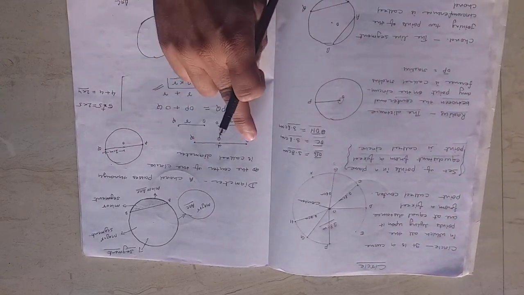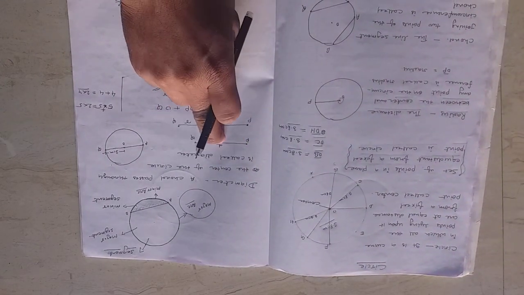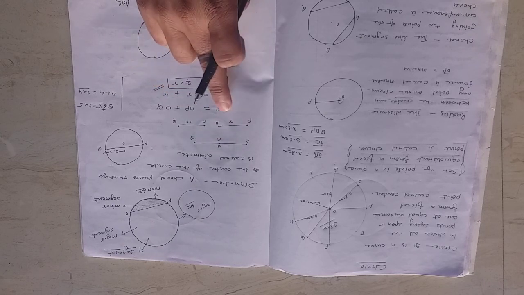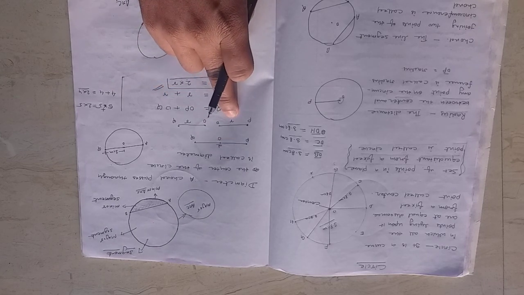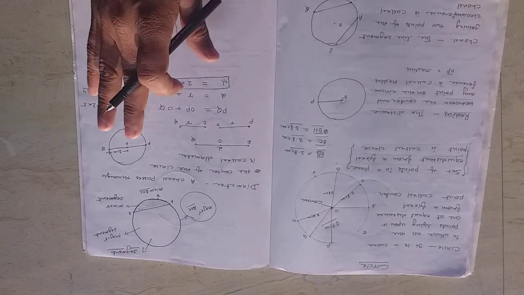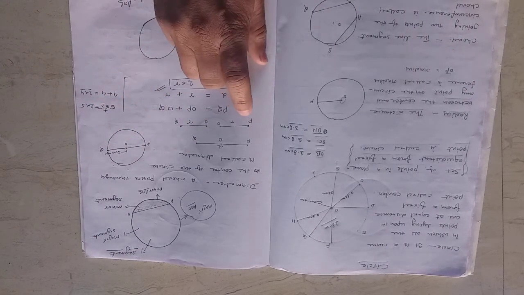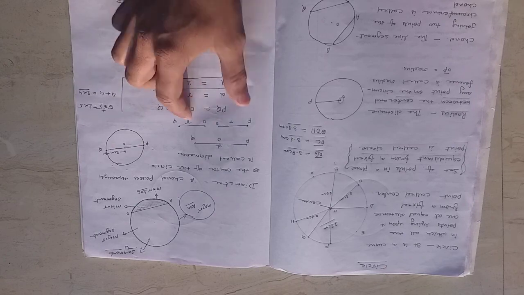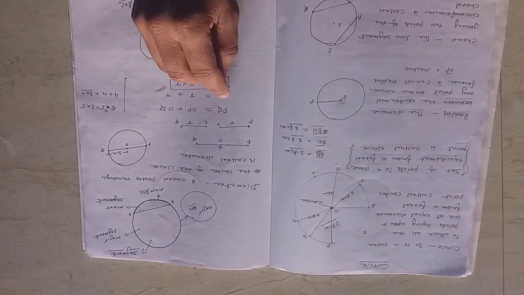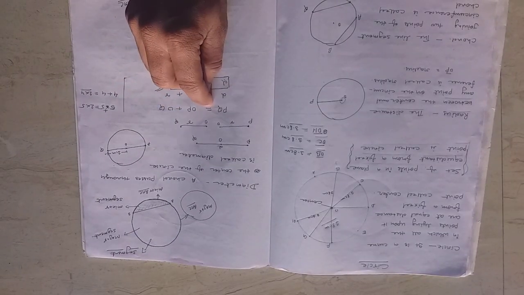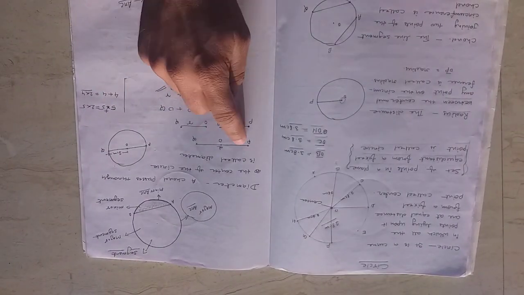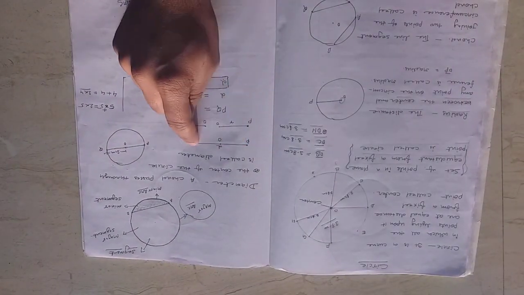So here I have represented the length of PQ by D, and PO I have represented by R. R stands for the radius, and OQ is also R. So you can see that when we add PO and QO, we will get PQ. So PQ is equal to OP plus OQ, simple. PQ stands for the D. So the length of PQ is D.